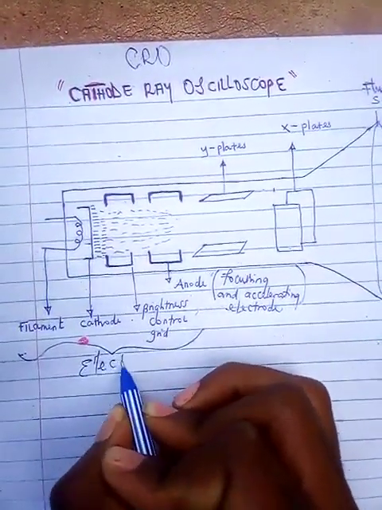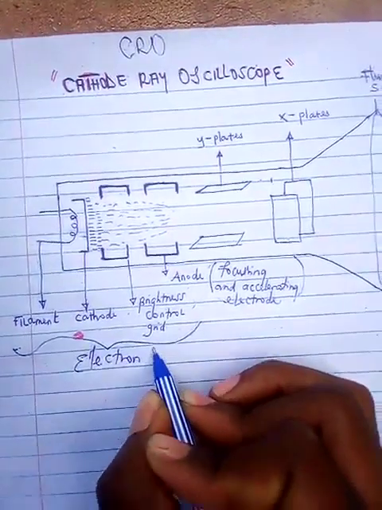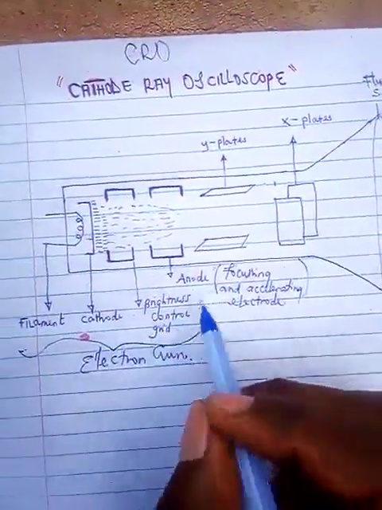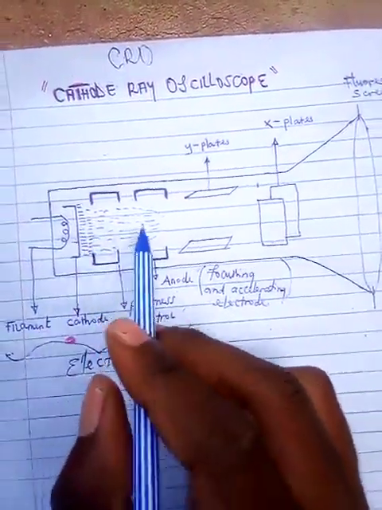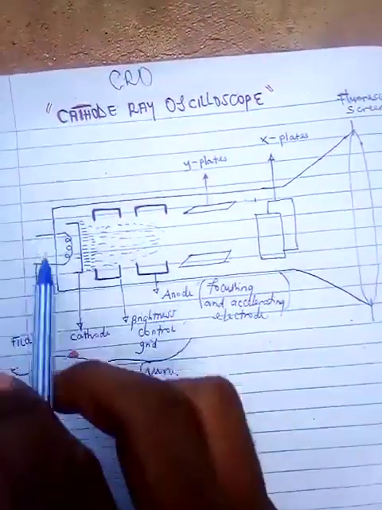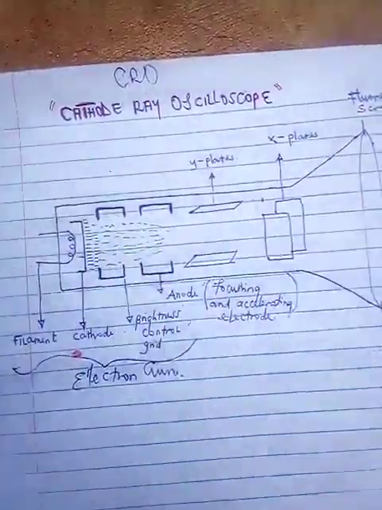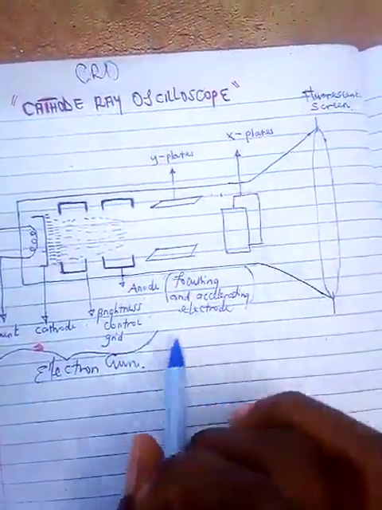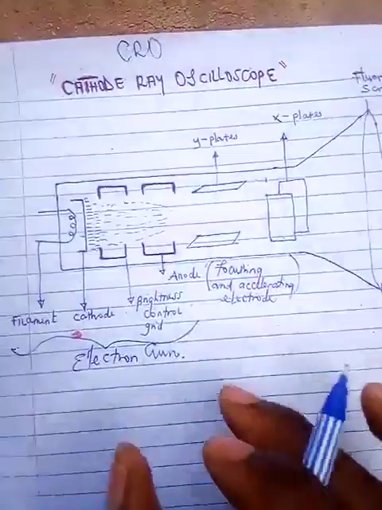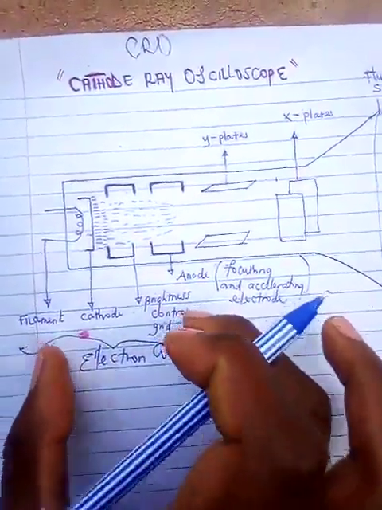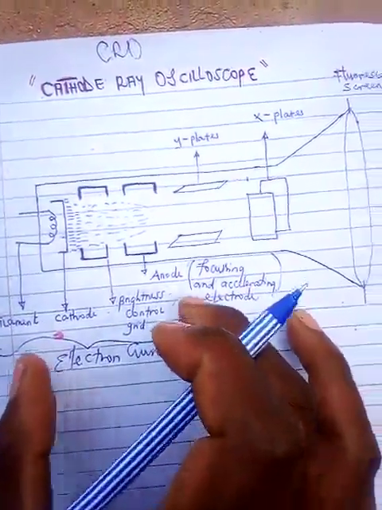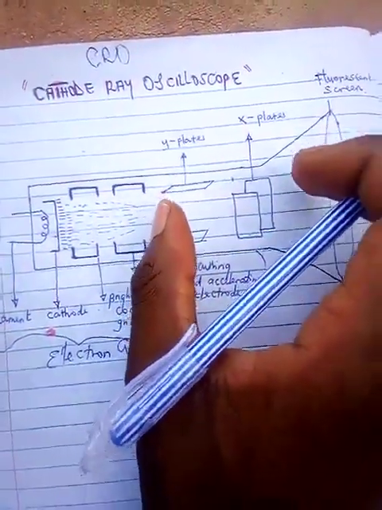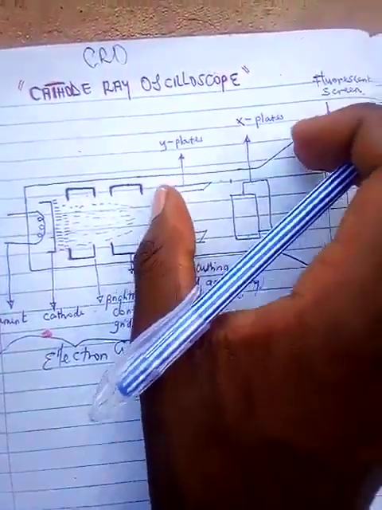It is called that because it is on this part where we're seeing electrons being released. This is the part where electrons are fired from, and they pass through this cathode ray oscilloscope, as we have seen. So this part is going to be referred to as our electron gun, so don't forget that.